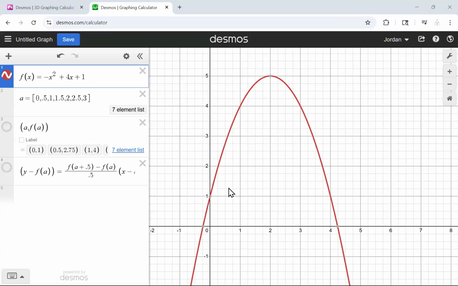So basically, imagine I want to find the arc length from the point (0, 1) to the point (3, 4) on this curve.